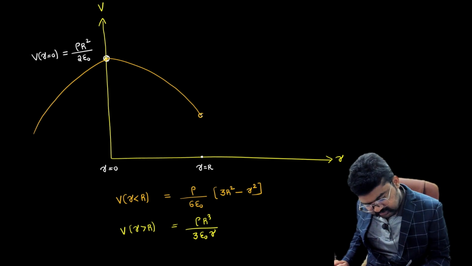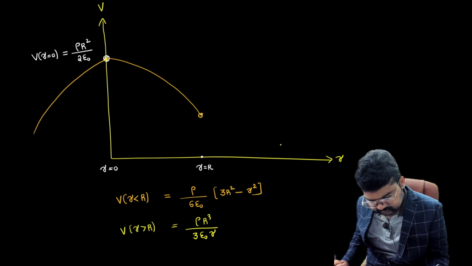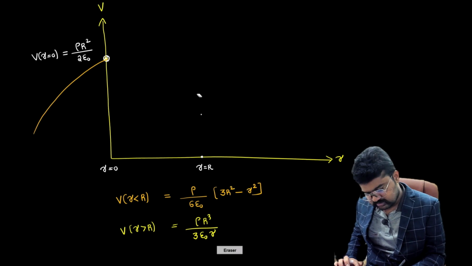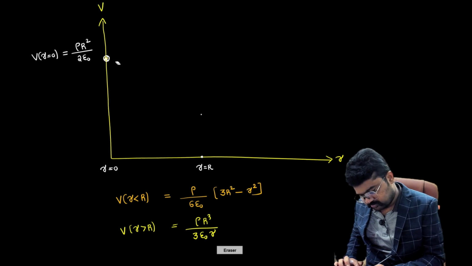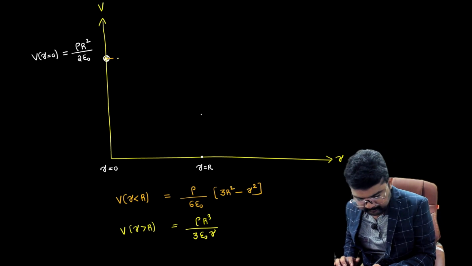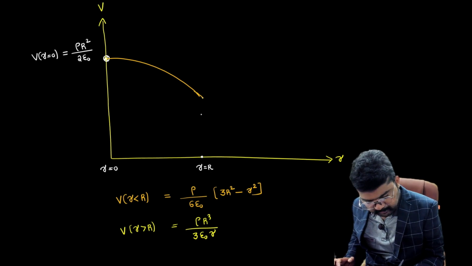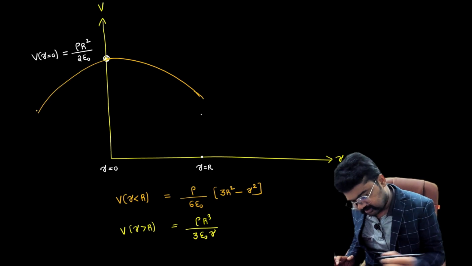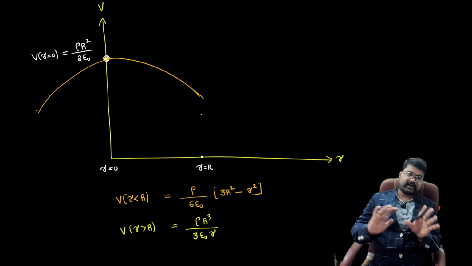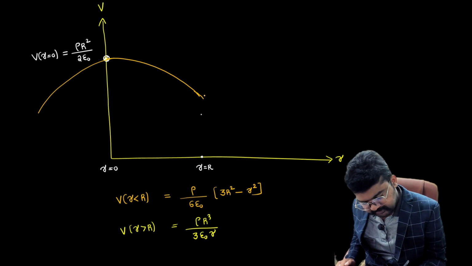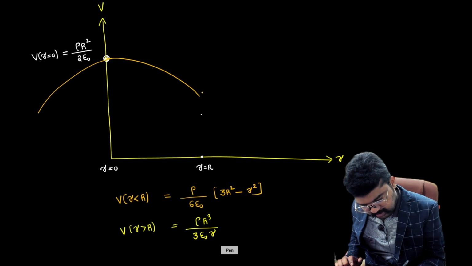Then after that we can go up to here. So it's a parabola, this graph like this you will get. Up to here it is a parabola.